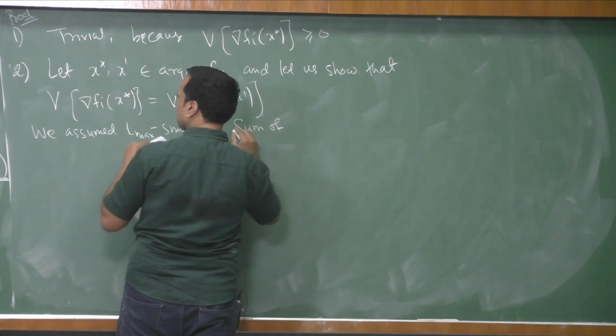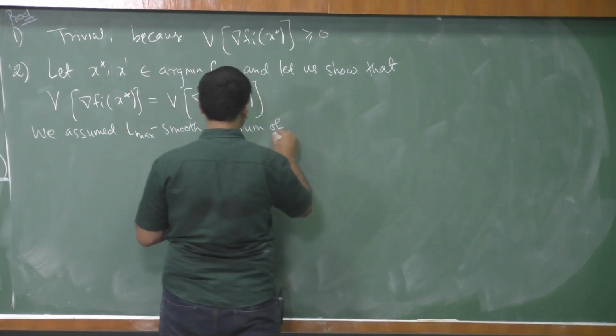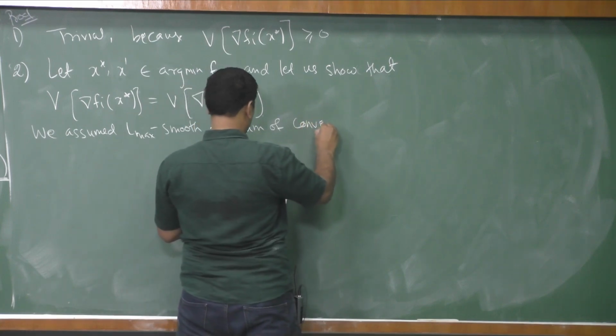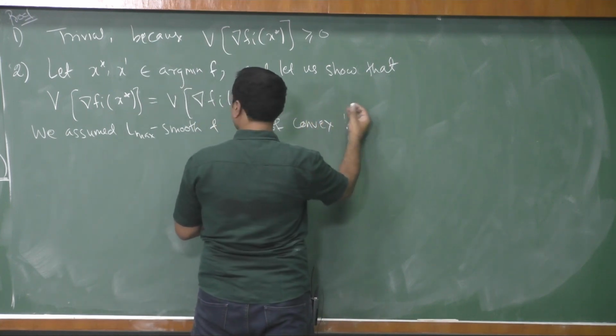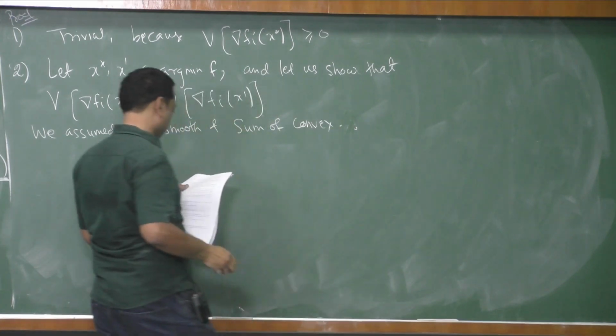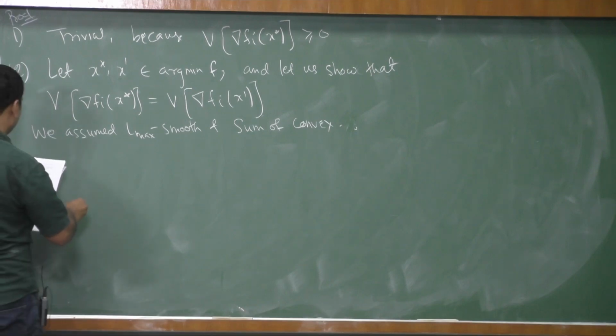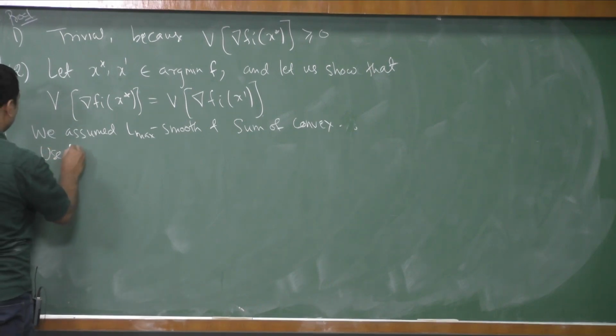L max smooth was part of the initial definition, and sum of convex is for this part. Now we can use the expected smoothness that we have defined before.